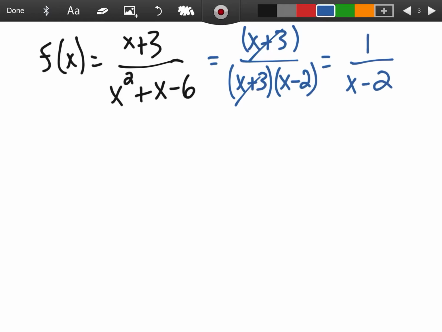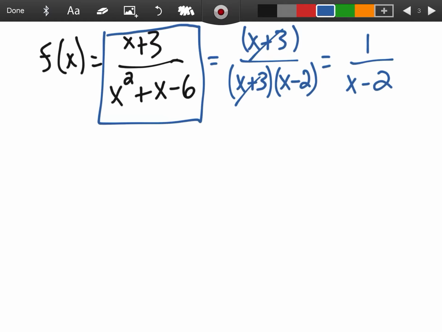Well, the graph is going to look very similar to 1 over x minus 2. However, x equals negative 3 is still not in the domain of this function, right? Because if I plug in negative 3 to this original function right here, you're going to get 0 divided by 0. That is an undefined number, right? 0 divided by 0 is not 1.